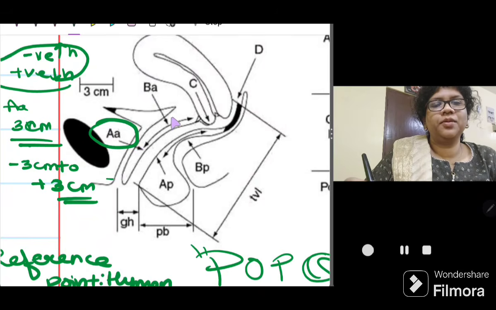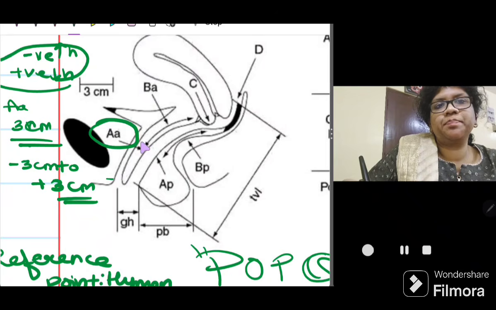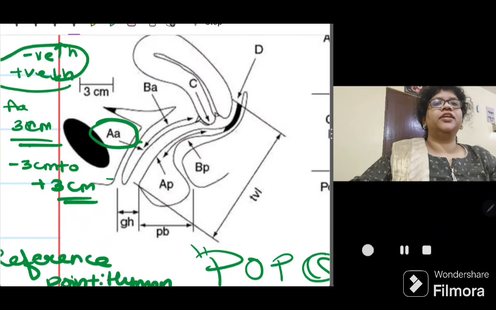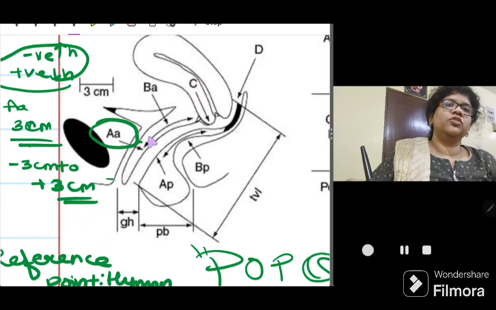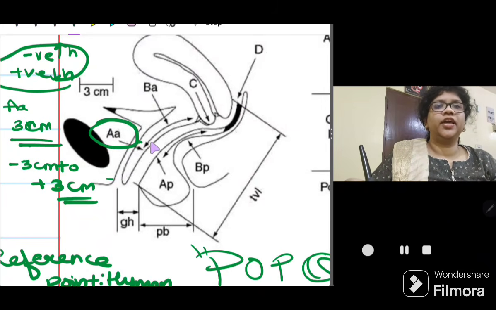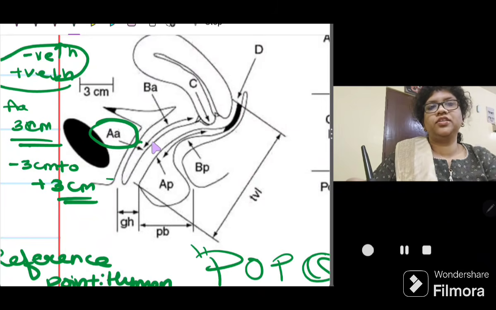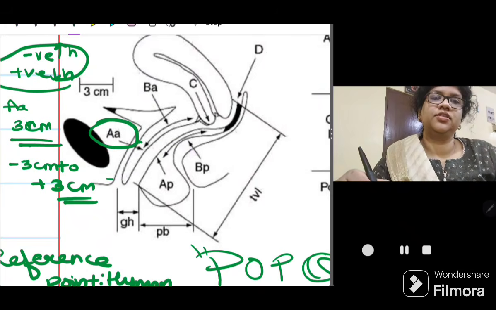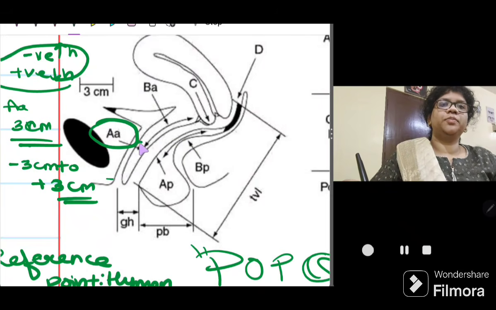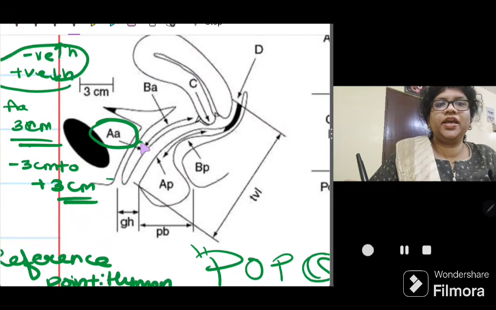So next is the BA. BA is the most dependent portion of the anterior vaginal wall. When this POPQ system was designed, they found out in an arbitrary way that BA, the most dependent portion of the anterior vaginal wall, is roughly 3 centimeter from the hymen.